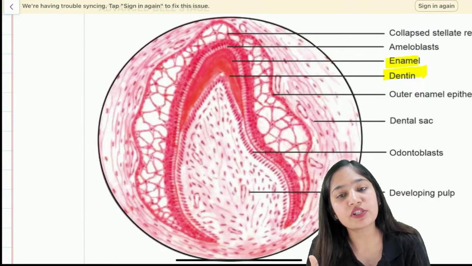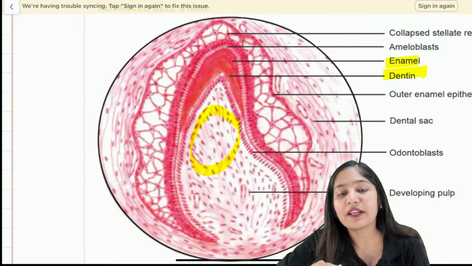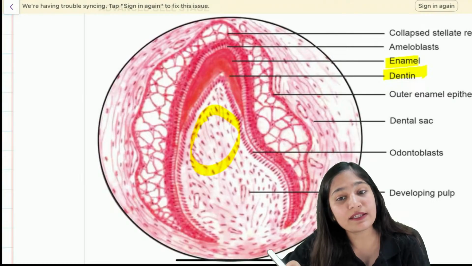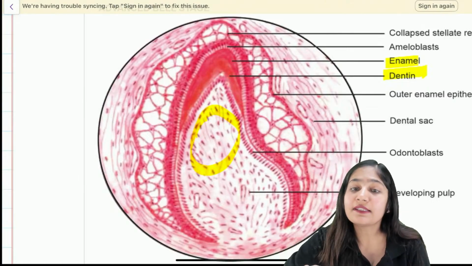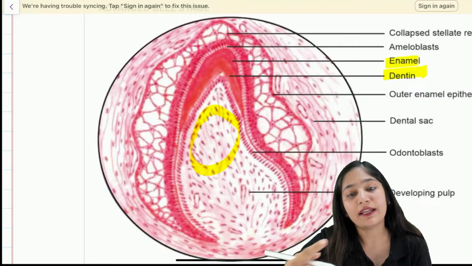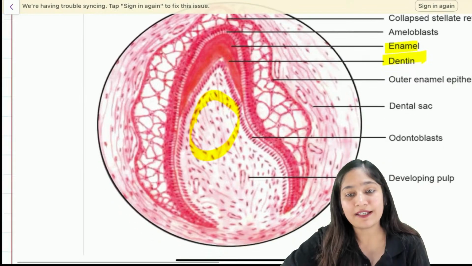Under the influence of inner enamel epithelial cells, dental papilla cells differentiate into odontoblasts and they form dentine. Once dentine is formed, again they send signal to ameloblast cells and they will start forming enamel. So first formed hard tissue is what? Enamel or dentine? Dentine.